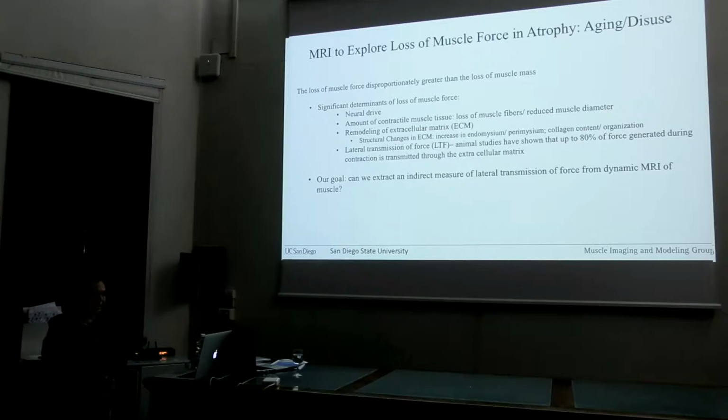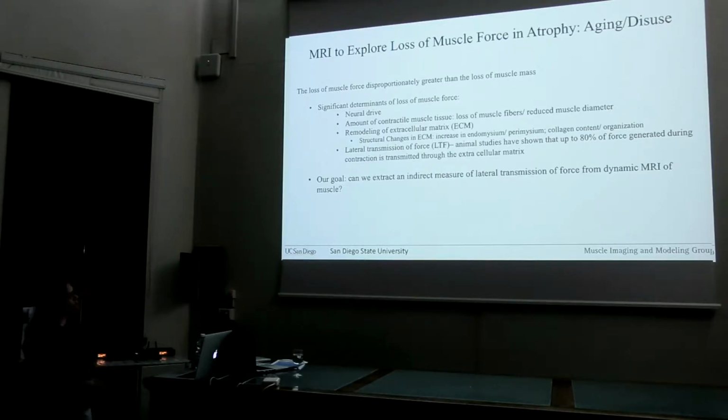But I'll also show later on that using this technique of diffusion tensor imaging and an appropriate model that connects the microstructure to the gross observable changes, you can actually derive some of the microstructural parameters like fiber diameter or endomysial width.